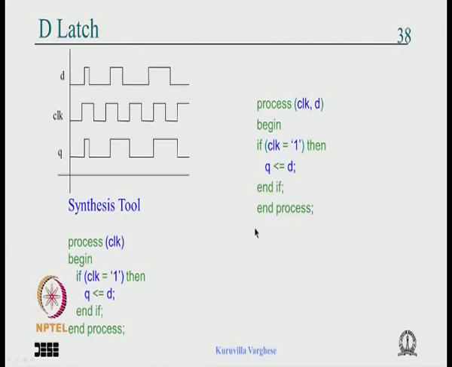So we have looked at the latch code and the flip flop code. There are some intricacies, some details you need to understand. So I suggest that you grasp this concept clearly, because we are coming to the core part of VHDL as far as synthesis is concerned.